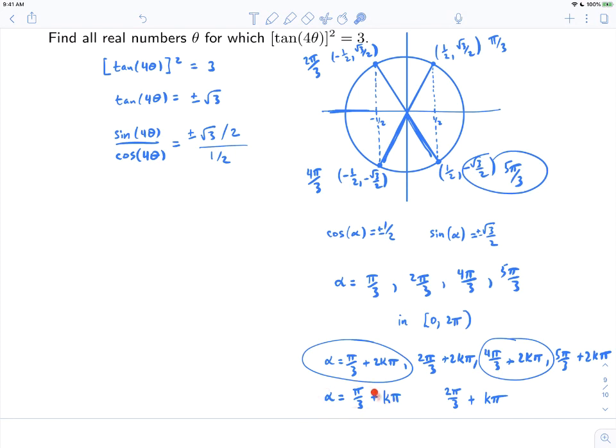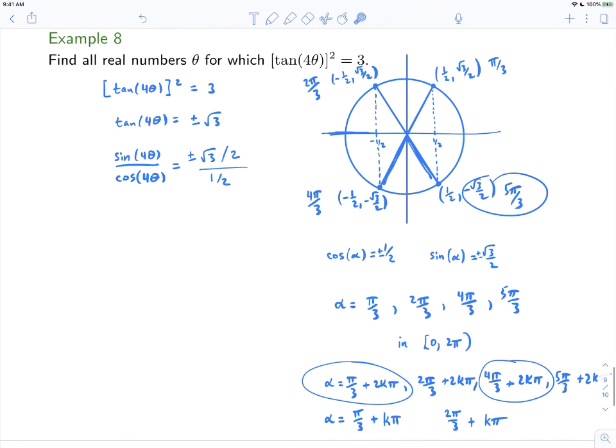Now these are our angles alpha that work, but in this particular case, alpha is 4 theta. So 4 theta is equal to pi over 3 plus k pi, or 4 theta is equal to 2 pi over 3 plus k pi. Solve for theta, in other words, divide by 4.